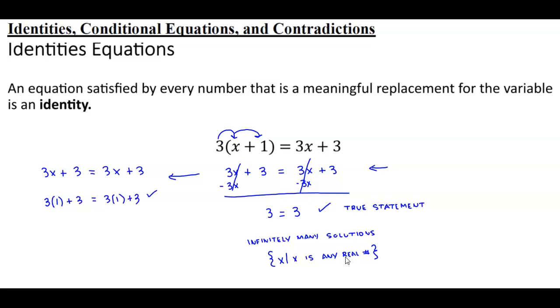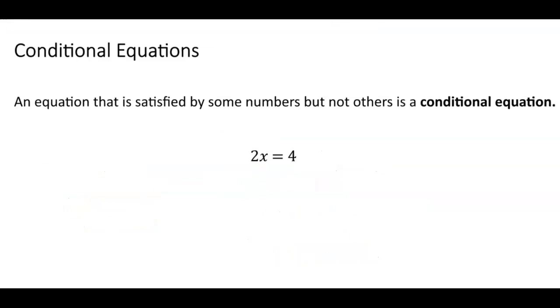Well, that's true, because 3 times 1 is 3 plus 3, which is 6, and that's going to give us 6 on the other side of the equation. Okay, let's put in another number, 2. 3 times 2 plus 3, does that equal 3 times 2 plus 3? Yes, it does. And we can continue on and on and on. Hence, the reason why we would say that this has infinitely many solutions. So this is considered an identity.